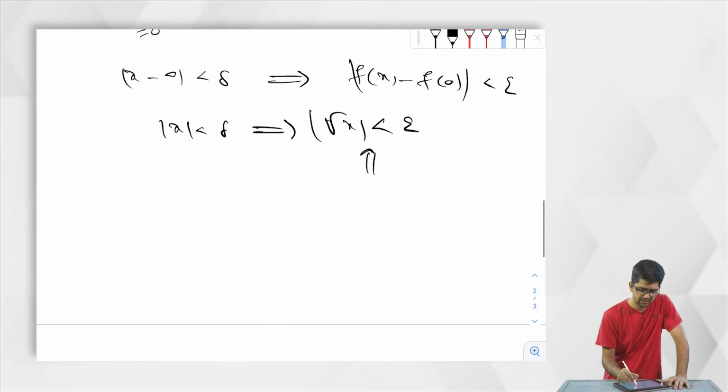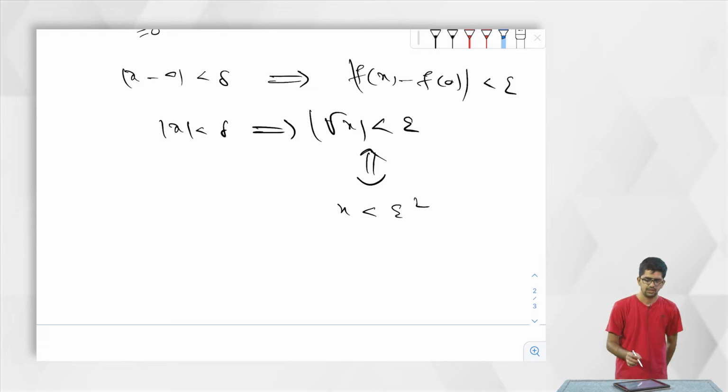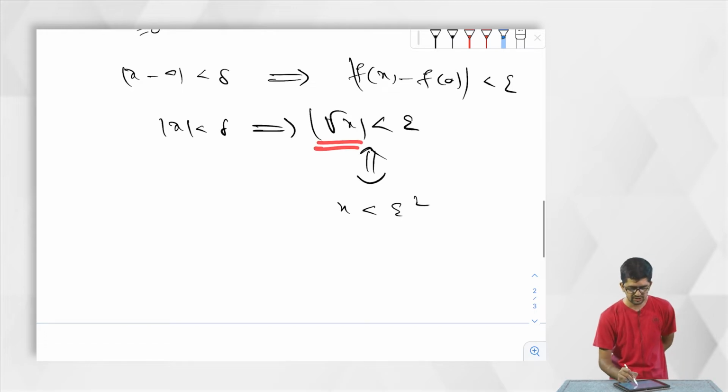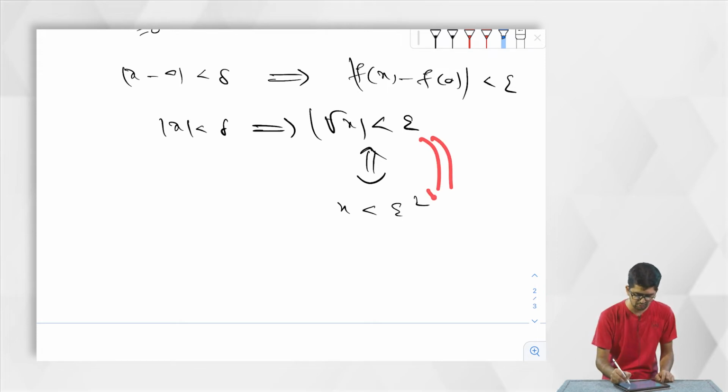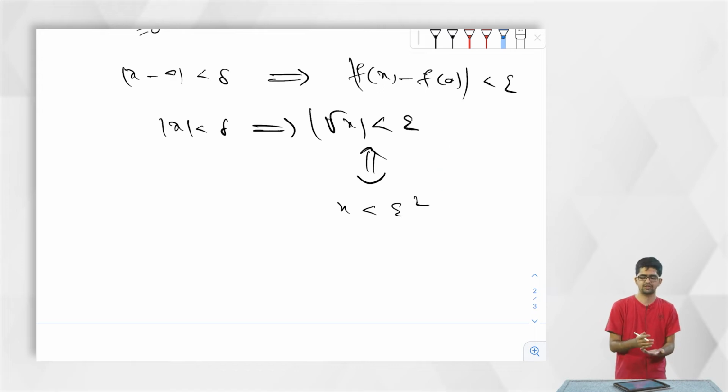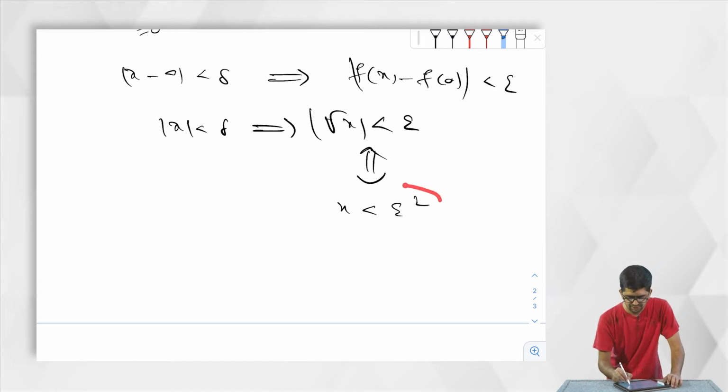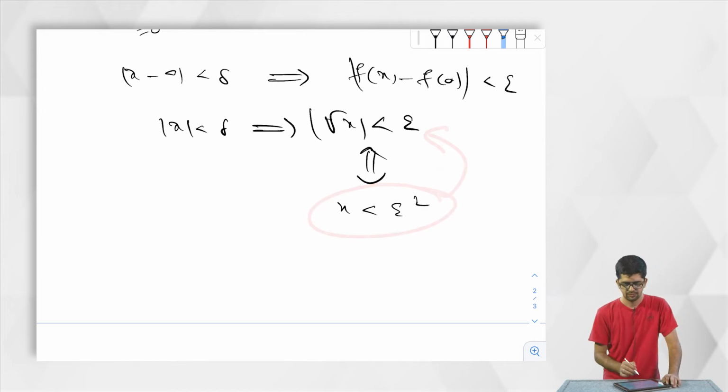See, this is equivalent to x less than epsilon square. Why? Because these two are positive terms, a less than b should imply a square is less than or equal to b square. So this is always true. If a less than b, then a square is less than or equal to b square. But if this is true, we have this condition. So instead of asking for root x less than epsilon, one can simply ask that x less than epsilon square.